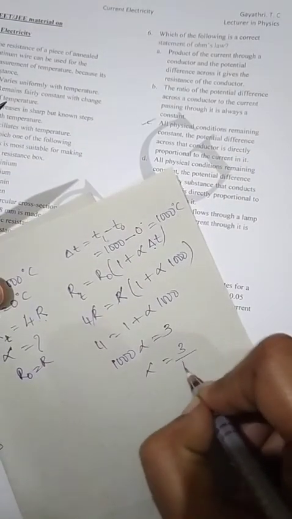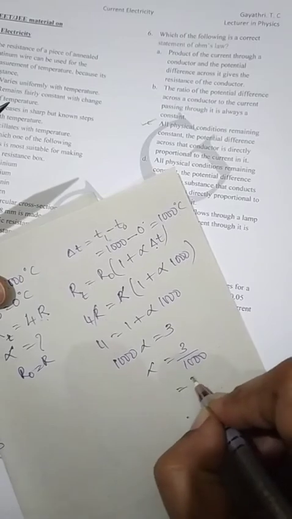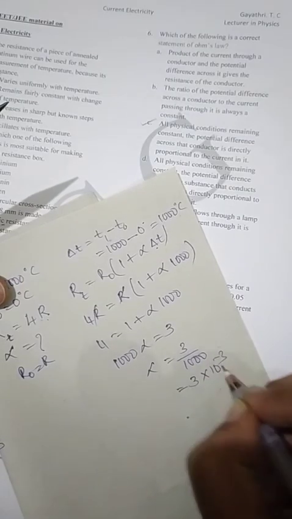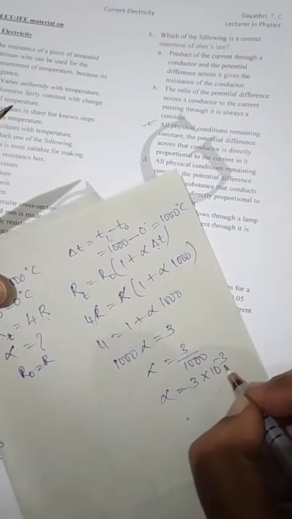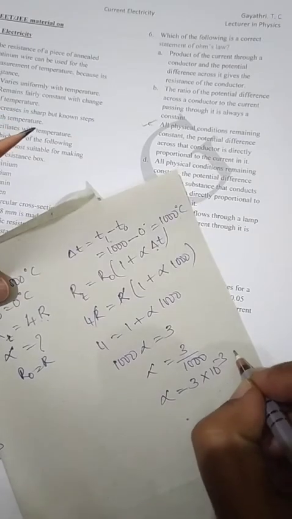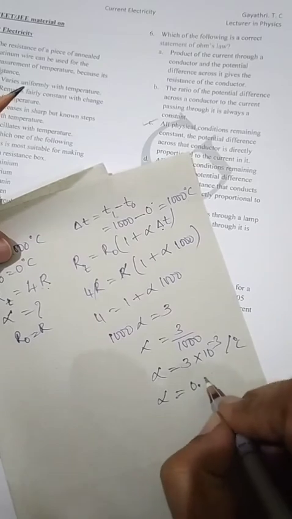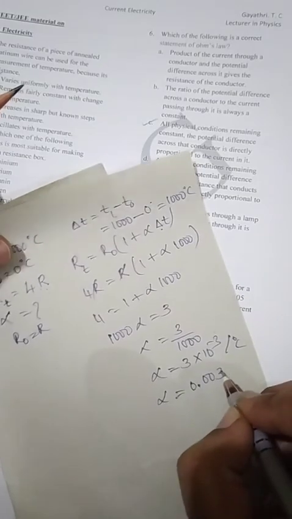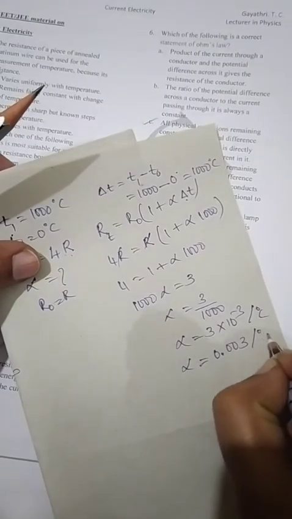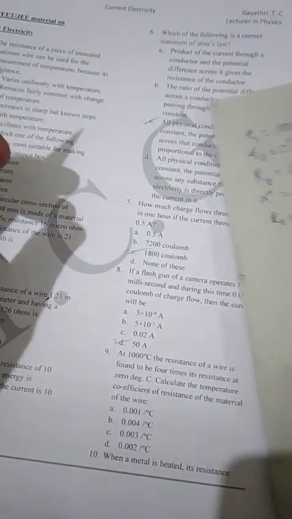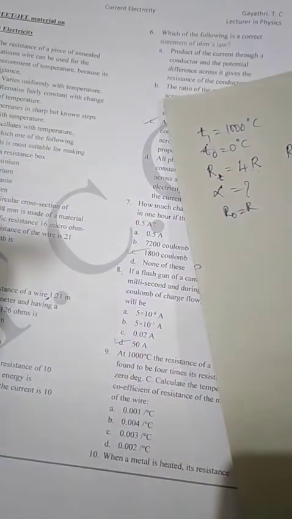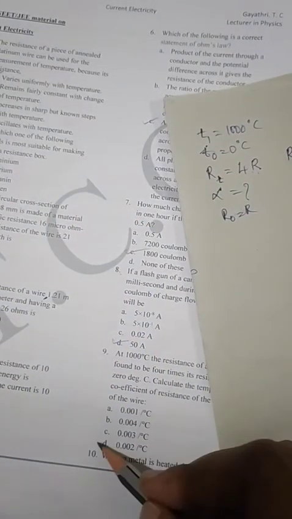Alpha equals 3 by 1000, which is 3 into 10 power minus 3 per degree Celsius, or simplified, 0.003 per degree Celsius. The answer is option C.